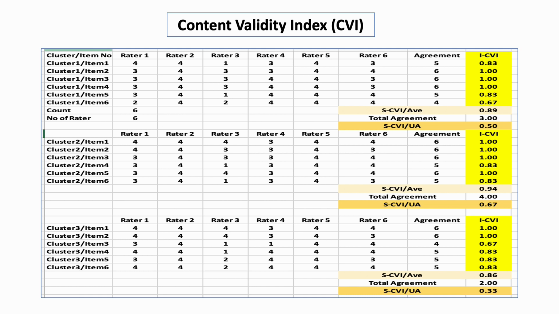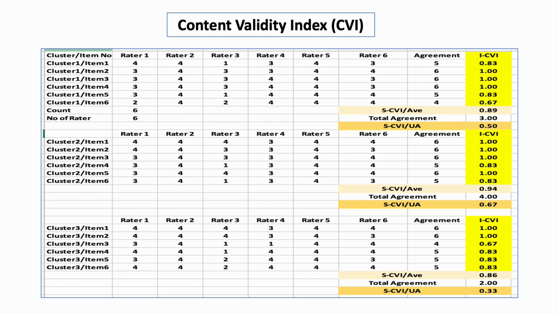So those with 3 or 4 will be considered. How many? Because 6 raters are used, if it is 6, all 6 have been in agreement by giving, on a 4-point Likert scale, either 3 or 4. So if you look at here, 6, 6, 6, 3, 6, and these 3, 6s determine the total agreement. Others are not in total agreement, they are less than 6.